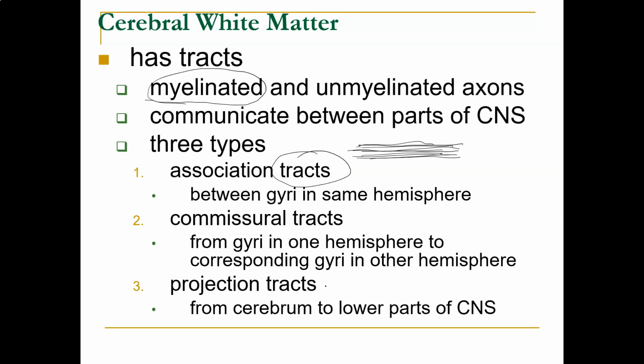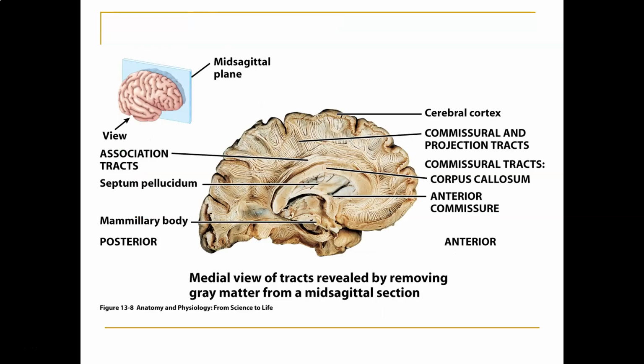But if they're traveling to a completely different part of the brain, like from the cerebrum down to the cerebellum or the medulla or maybe even the spinal cord, then they're called projection fiber tracts. It's really just based on where they're going. As you might guess, the projection fiber tracts are going to be the longest because they're traveling far. Association tracts are the shortest.